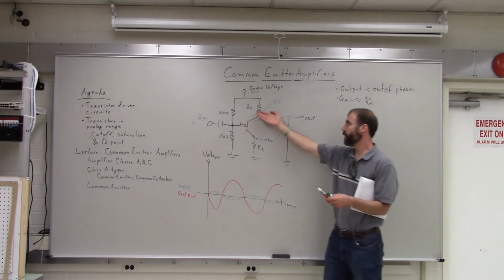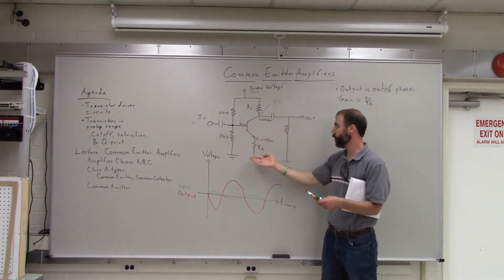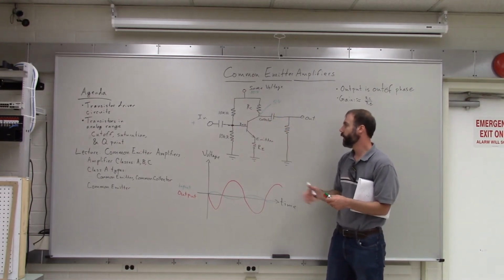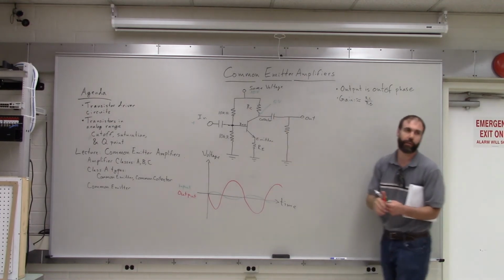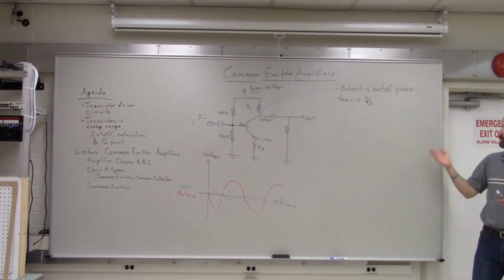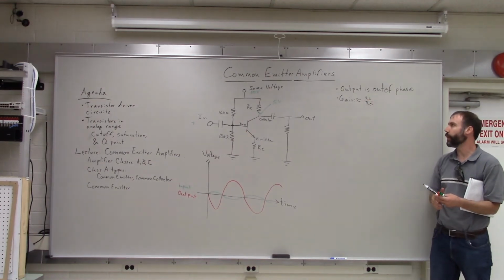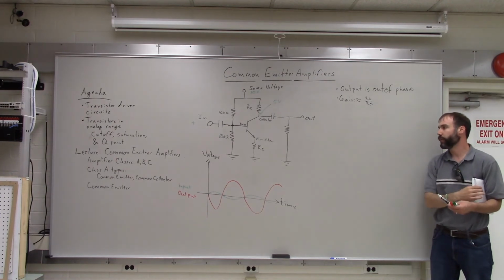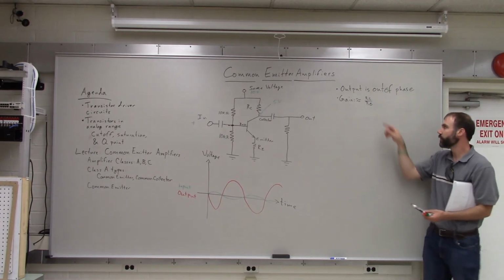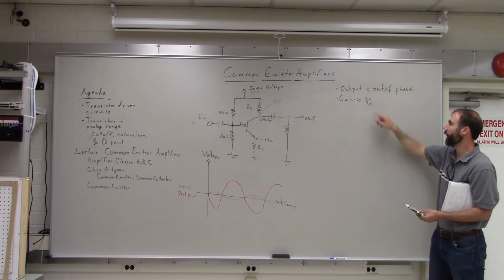So if RC was 10 kiloohms and RE was 1 kiloohm, then we'd have a gain of 10. That means that the output signal would be 10 times bigger than the input signal. So you can choose RC and RE in order to get the gain that you want.